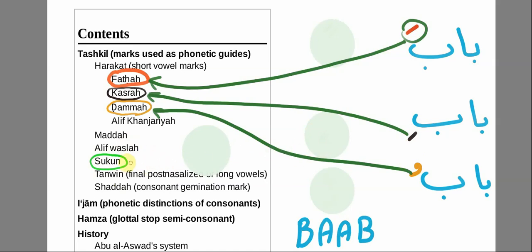And the symbol for it is just a circle like this, or in the Quranic text they use a small letter like this. We will see some examples of it, but for now we will not worry about this. We will only worry about the 3 movements. Now what we will practice is, there is another form of these.